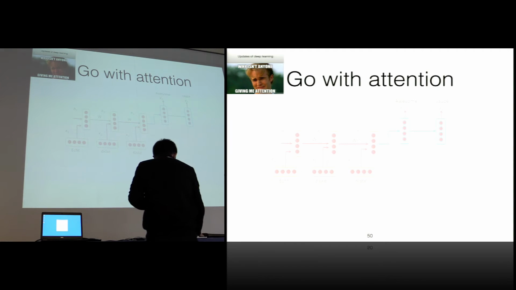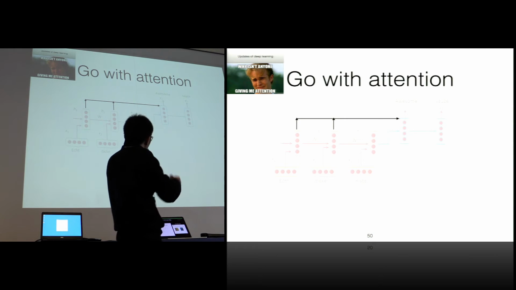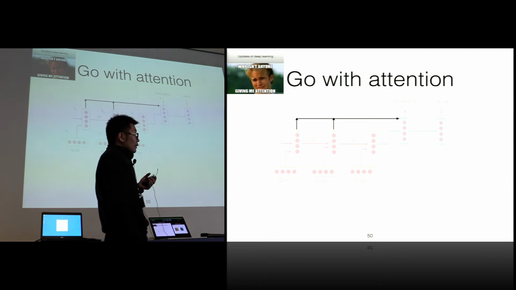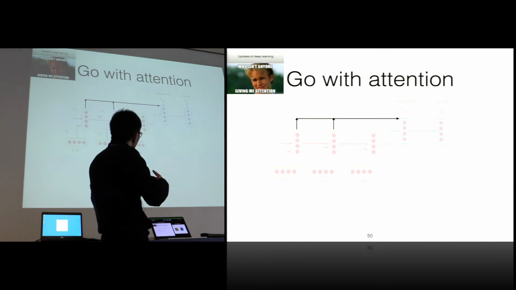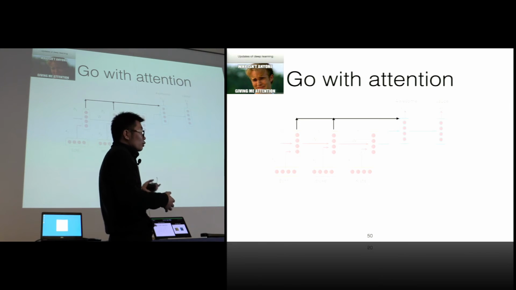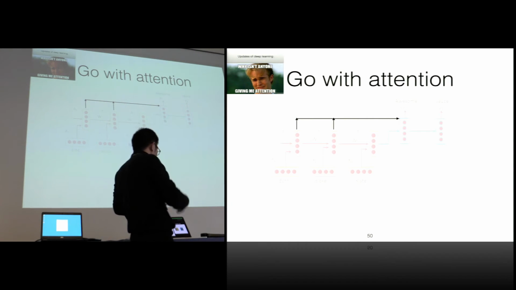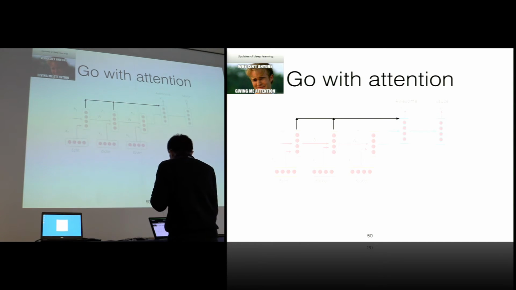But with attention, you want the network to have weighted combinations of the different input hidden layers. It's loosely coupled with the concept of attention, but it works better, and it's the next big thing of deep learning.